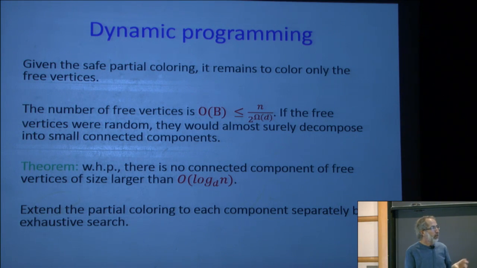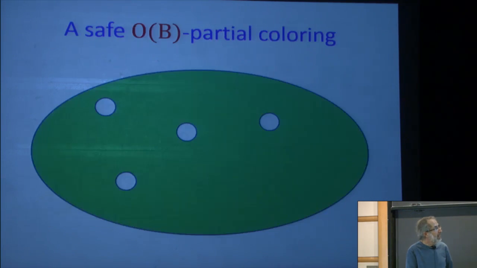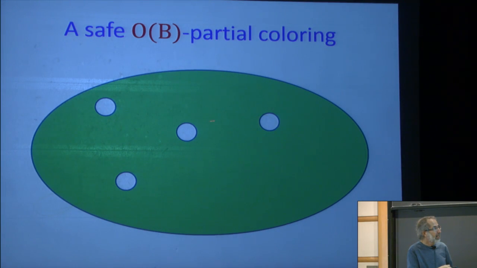And the most important theorem here, and if you look at what's the most difficult proof in the paper of Alon and Kahale, is proving this fact at the end. All the others are also innovative, but technically, if you look at the most difficult technical part, it is to show that in this step, each one of these components, if you look at these as connected components in the graph with no edges between them, has size order of log n.